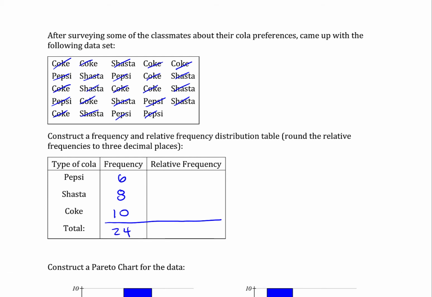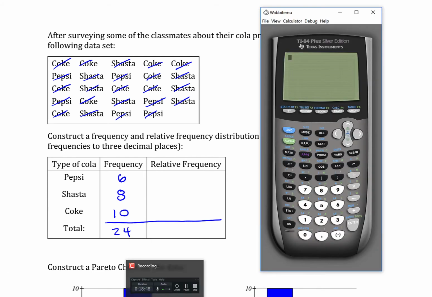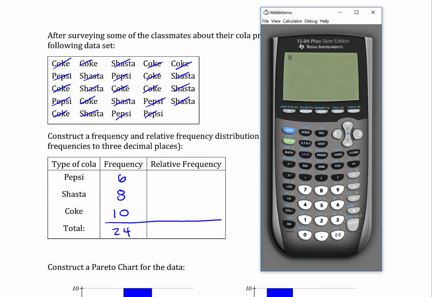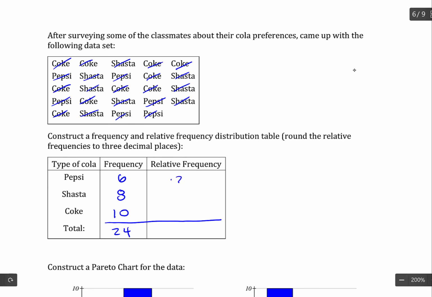Now, relative frequencies are the percent contained within each category. So I'll just use my calculator to help out there. The percent of the total number of people in the survey who preferred Pepsi: there were 6 people out of 24. So 6 divided by 24 is 0.25.